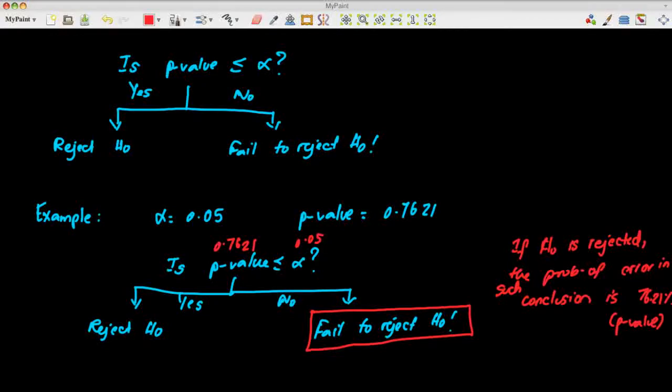Would you like to make a conclusion where you know the probability that you are wrong is 76.21%? Nobody would want to make such a wrongful conclusion, so I shouldn't be rejecting the null. So I fail to reject the null.